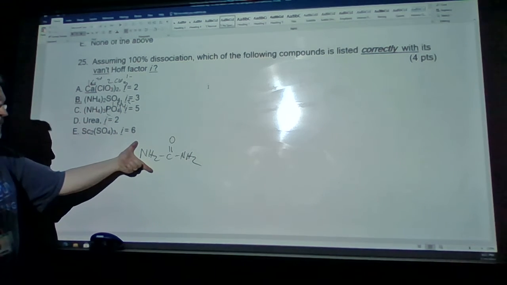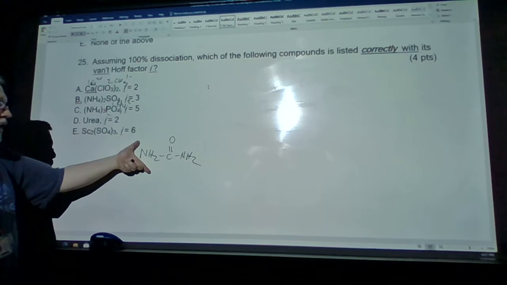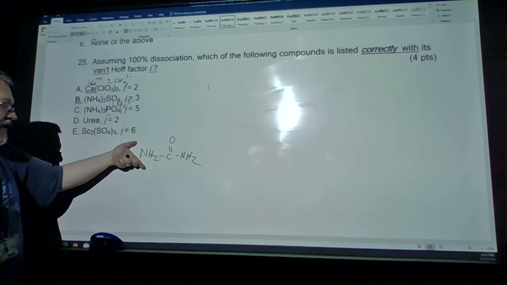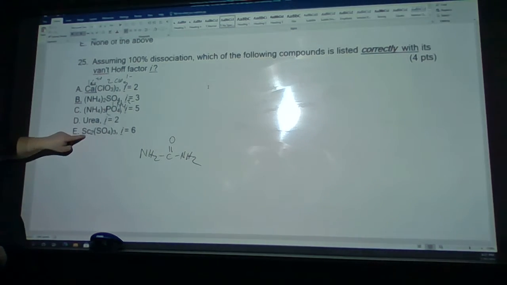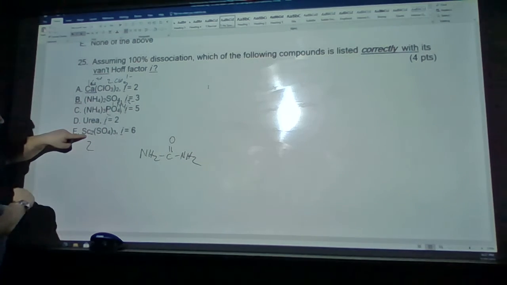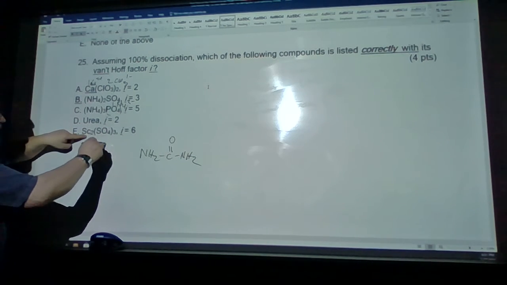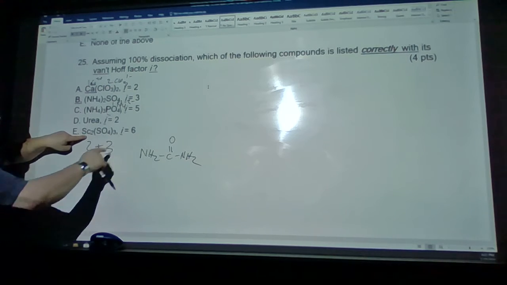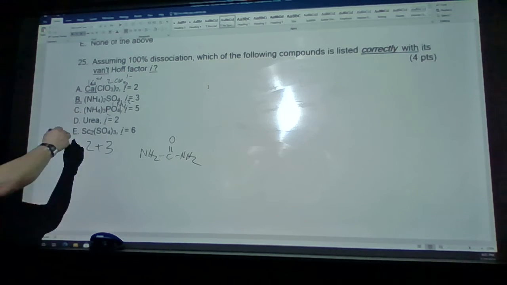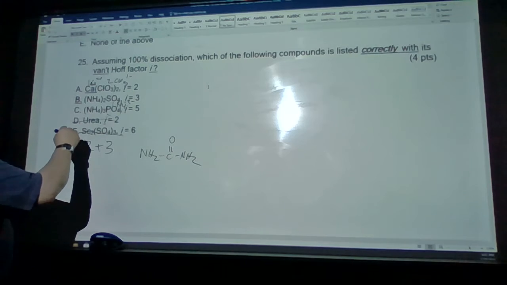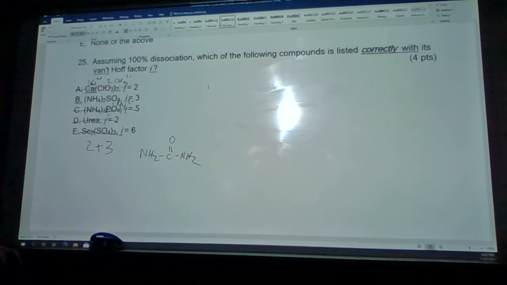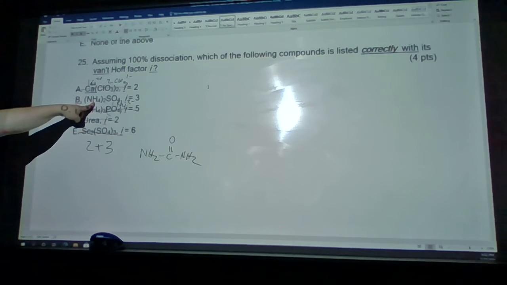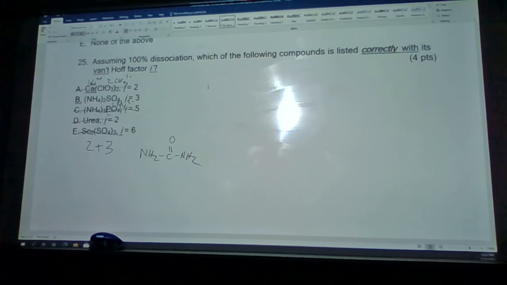Therefore, there's only one of these things per unit of urea. Scandium sulfate. How many scandium ions are there? 2. How many sulfate anions are there? 3. 2 plus 3 is not 6, but 5. Not E, not D, not C, not A. 2 ammoniums, 1 sulfate, van 't Hoff factor of 3.